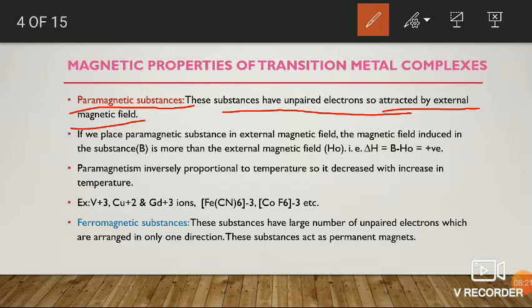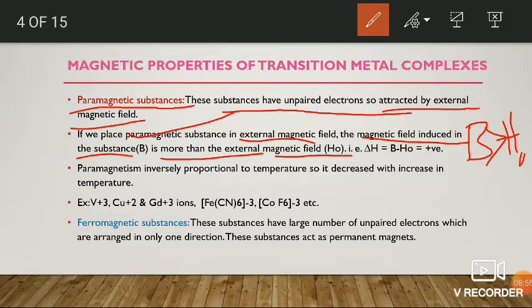Okay, if you place the paramagnetic substance in an external magnetic field, then the magnetic field induced or produced within the substance, if you take it as B, is generally more than the external magnetic field strength. That is, the induced magnetic field strength of the paramagnetic substance is always greater than that of the external magnetic field. That is, B is always greater than H0.